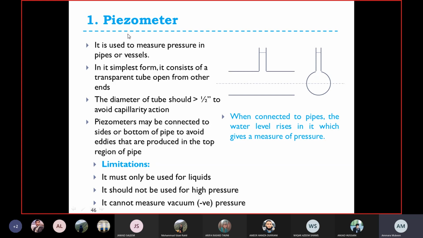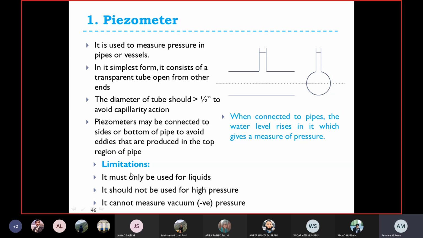So that's why we need to use different equipments to measure that pressure. As far as piezometer is concerned, it is very simple equipment which can be installed in a pipeline. It consists of a transparent tube open from the other end. The diameter of the tube should be greater than ½ inch to avoid capillarity action.